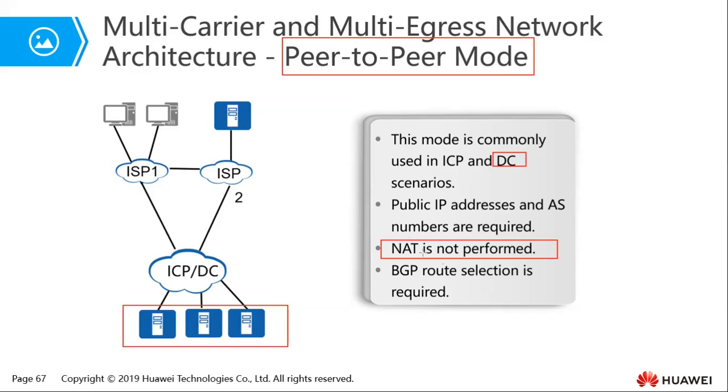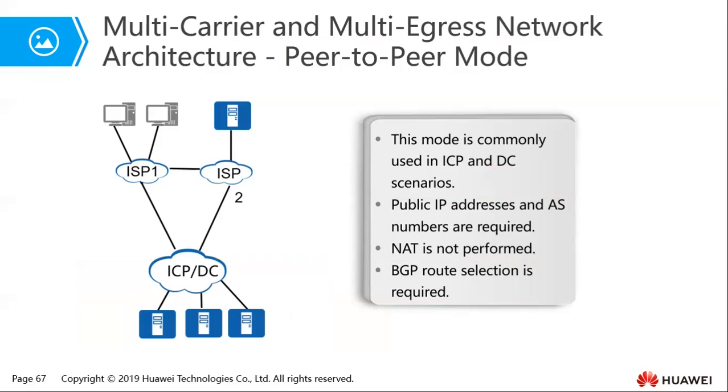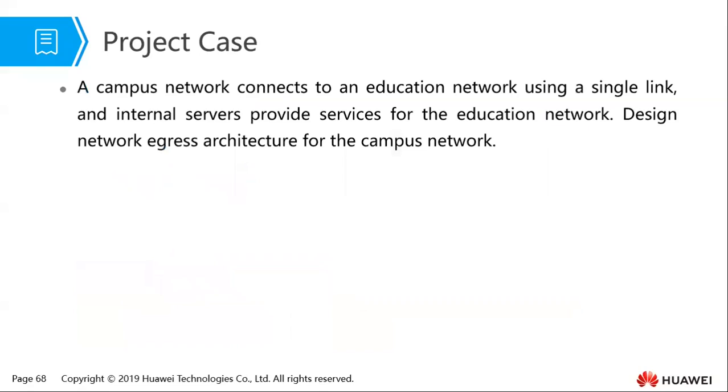All the servers have IP addresses, and the enterprise network here is considered an autonomous system, and therefore must have an autonomous system number. And for route path selection, we use BGP. So you have to configure BGP to efficiently route traffic into and out of this network from the ISP network. So that is what we call multi-carrier, multi-egress network architecture, peer-to-peer mode.